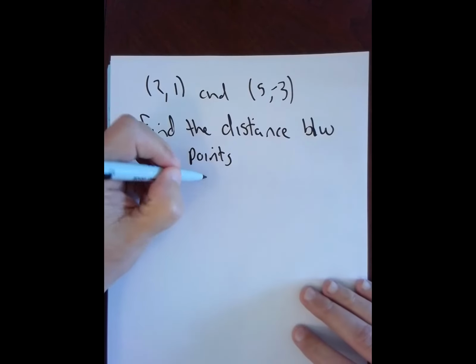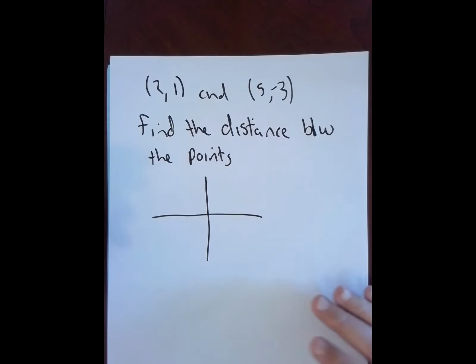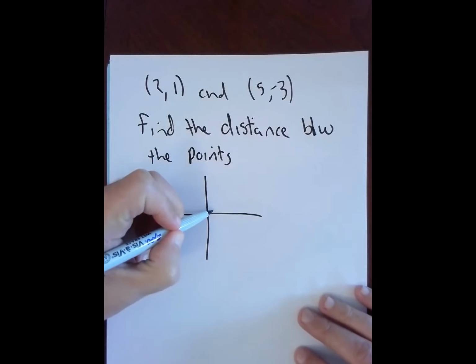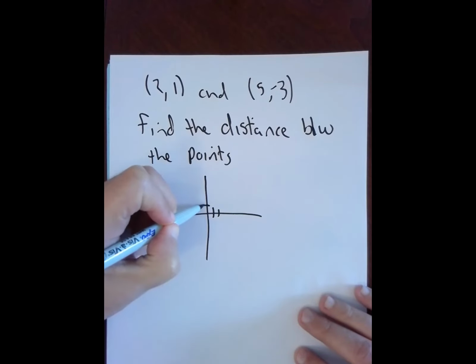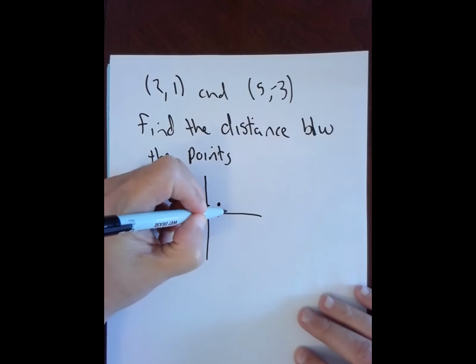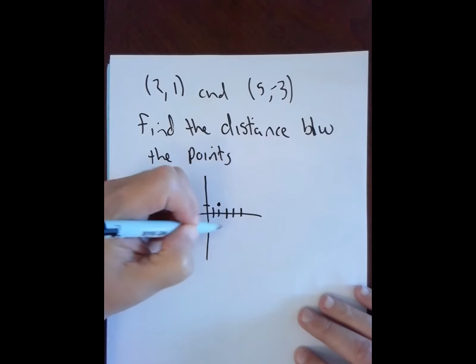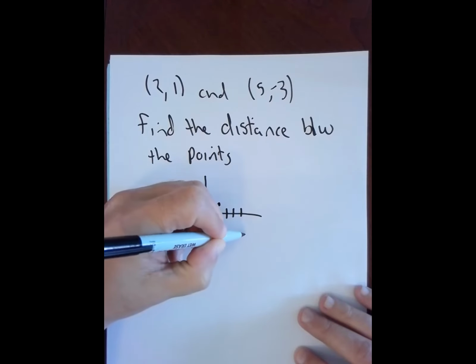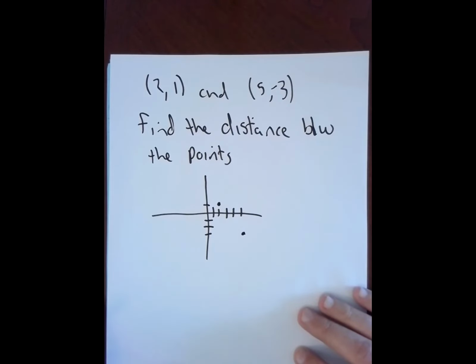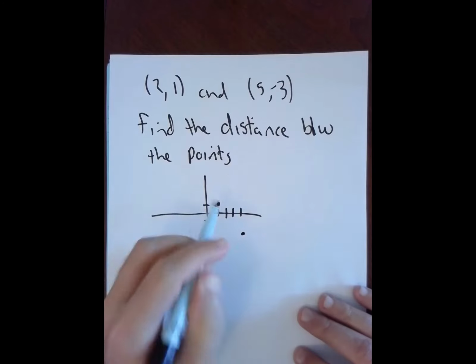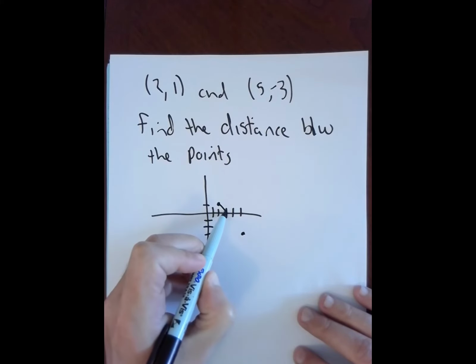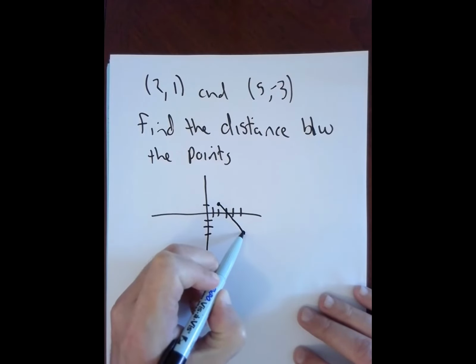Okay, let's draw the points on a graph so we can visualize what we're talking about here. Here's the point 2, 1. Here's the point 5, negative 3. We want to find the distance, the length of this line segment connecting the 2 points.